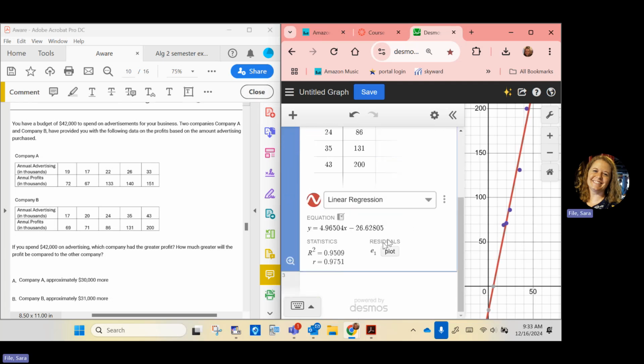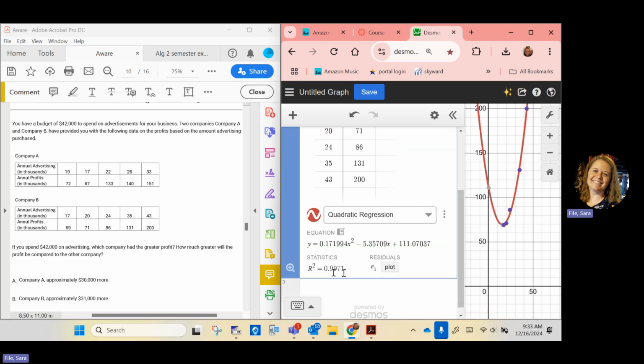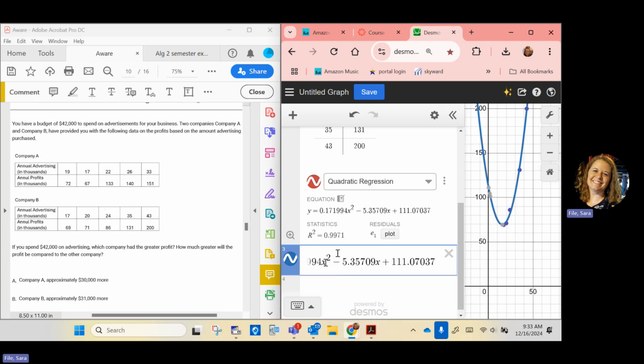And you can double check, they should be the same, both quadratic. So that's 0.9509, 0.9971, definitely quadratic again. So here's that equation. I'm going to click there and get it, and then I'm going to plug in 42,000 for my x's.